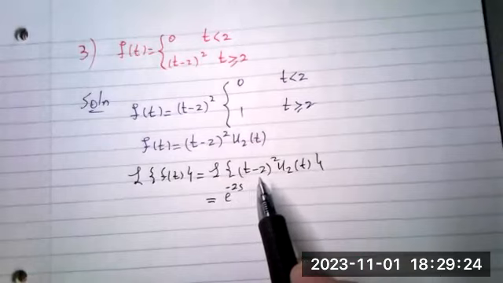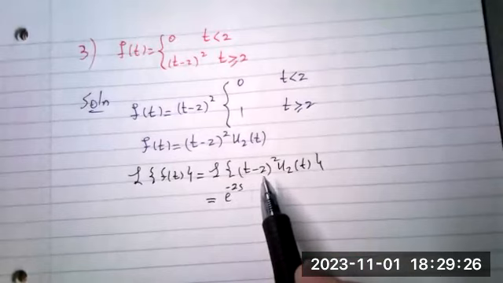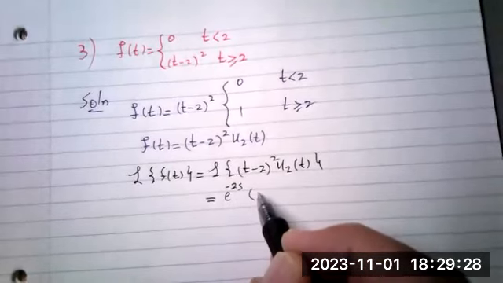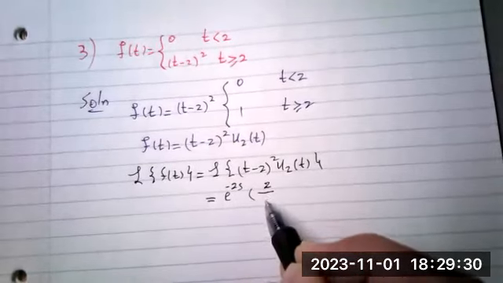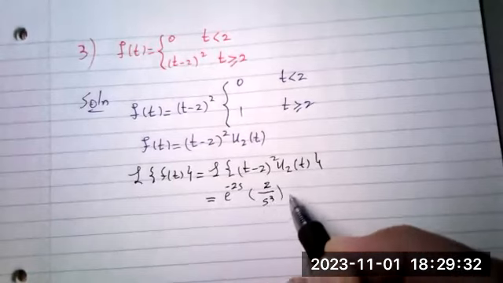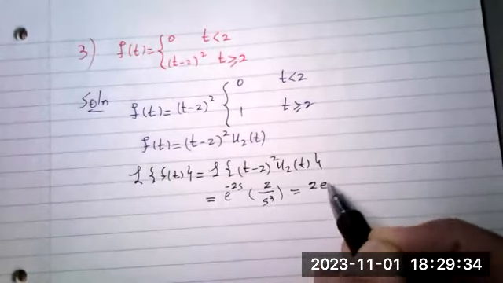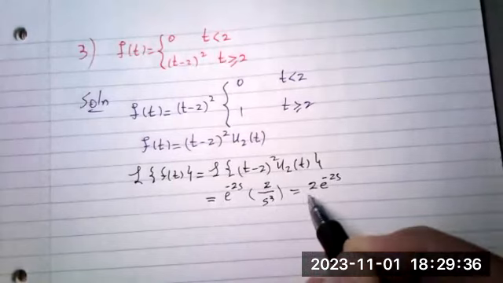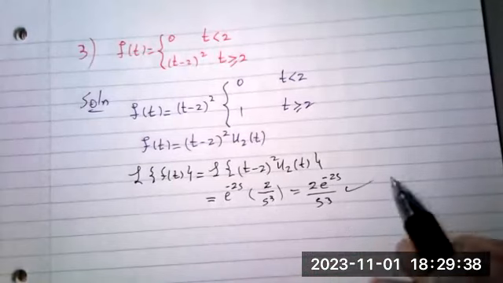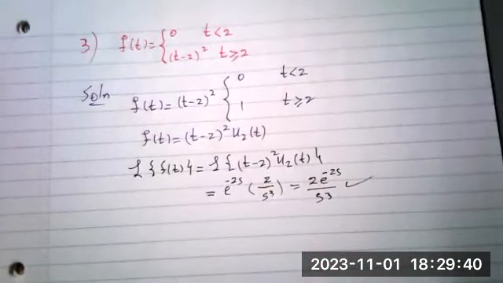What's the Laplace of t squared? It's going to be 2 over s cubed. That's it. So it's going to be 2e to the negative 2s over s cubed. Very easy. You better do it right away, otherwise you have to do integration by parts twice.